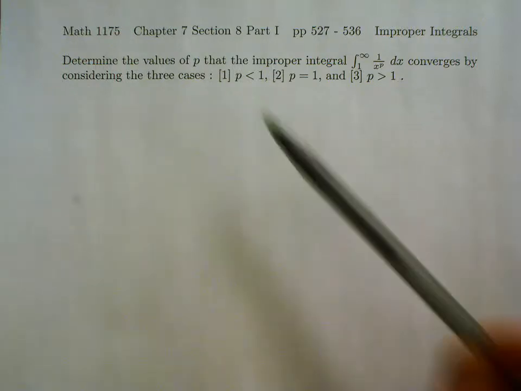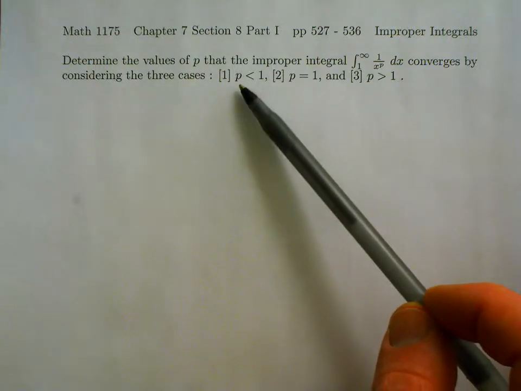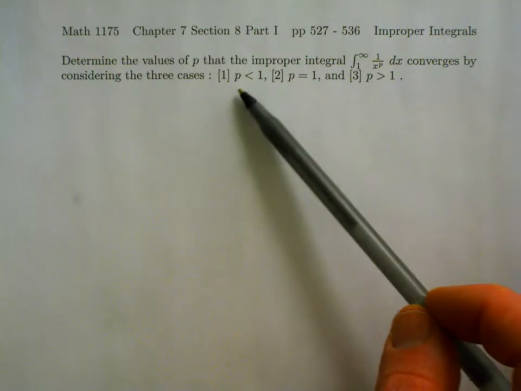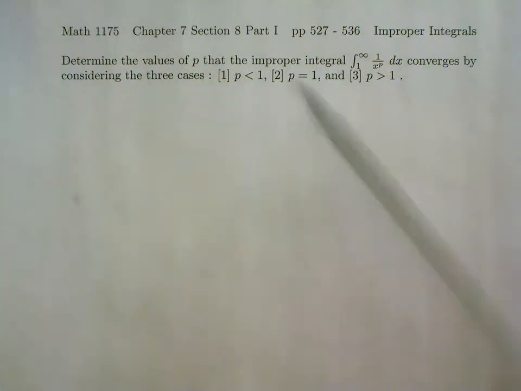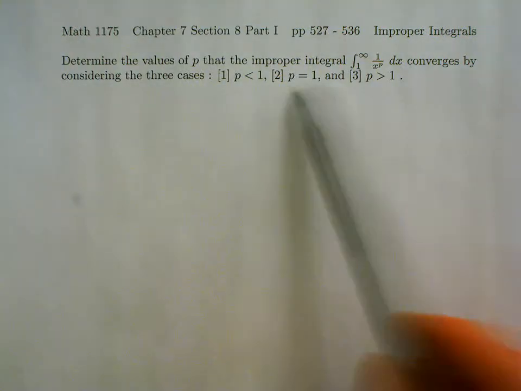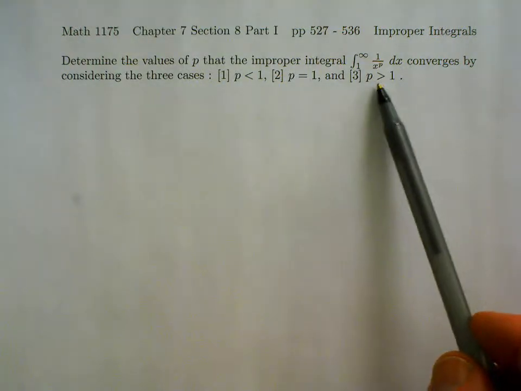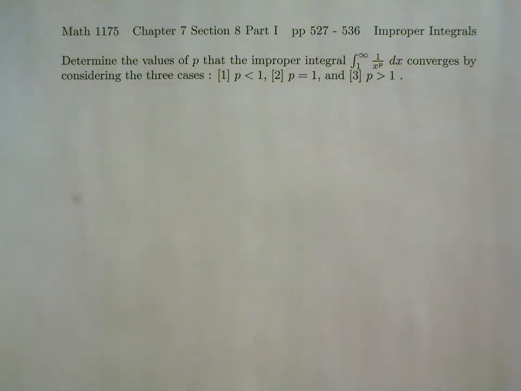Our most recent example was when the value of p was 1/2. That's less than 1. So what happened in that one? It diverges also. And then we had one example where p is greater than 1. That one converged.